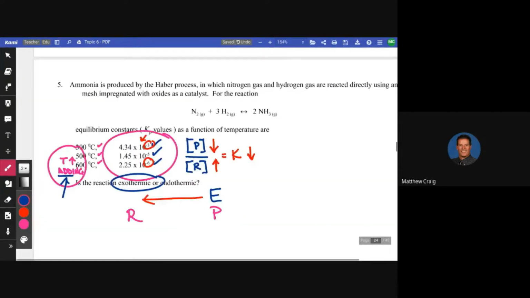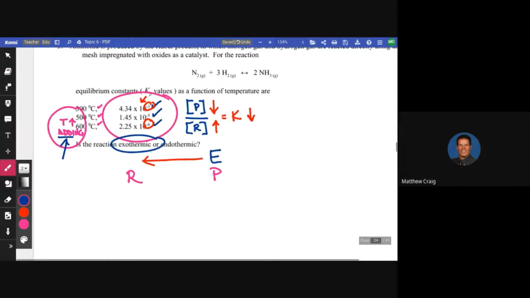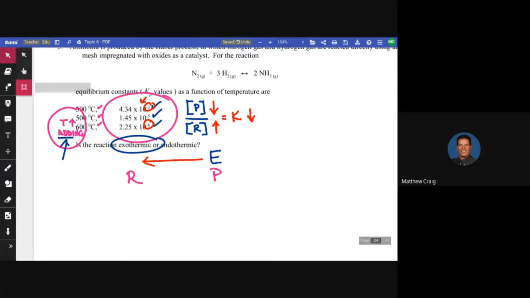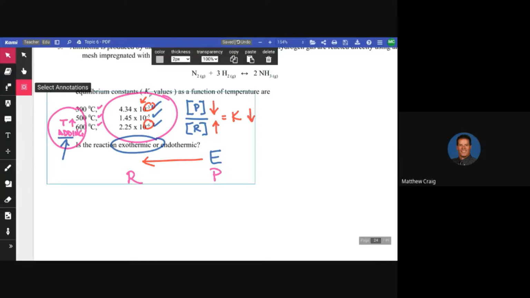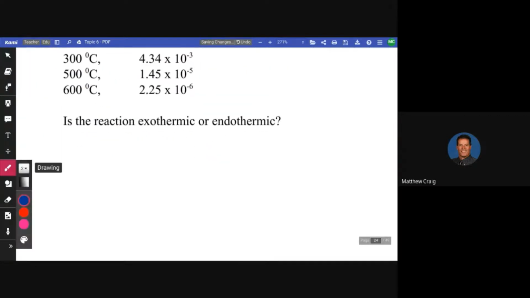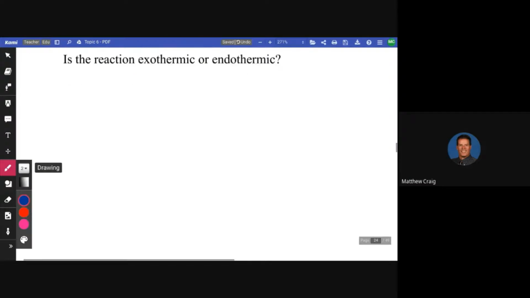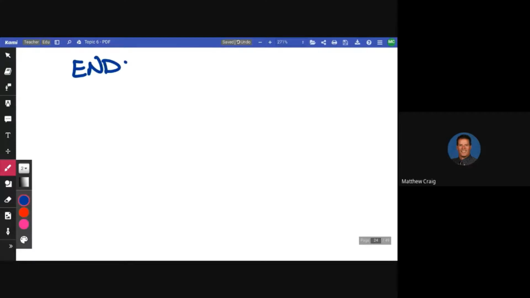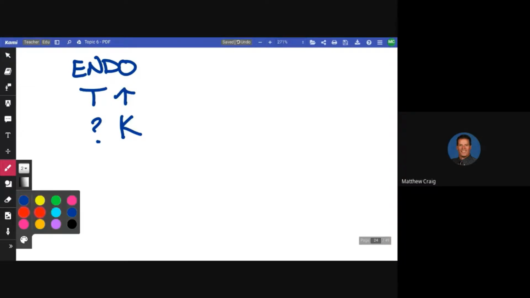Okay. Let me give you another scenario. Let's say that you are given an endothermic reaction. The temperature increases. I want to know what is happening to K. So a different way to attack this.